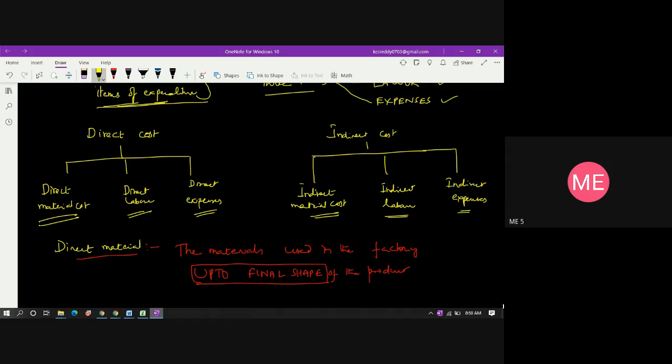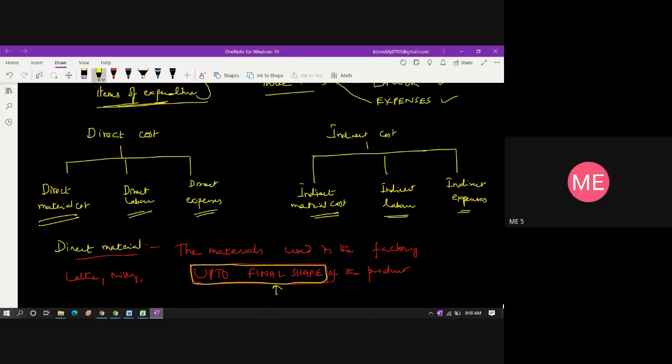The direct materials are the materials which are processed and operated in different shops, like lathe, milling shops, and different workshops, in order to get the final shape of the product. The cost of the materials involved is called direct material cost.